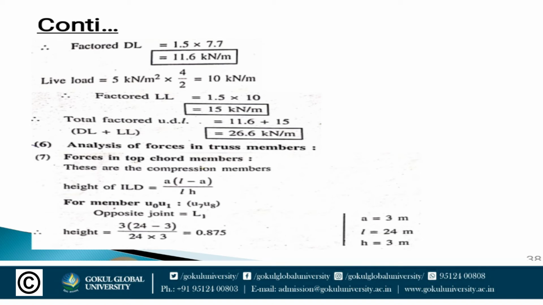A is 3, L is the span length 24, and H is the height. Here we use the influence line diagram because it is a bridge structure. That time the shear force and bending moment change. This type of diagram is very useful to identify the force in the different components.